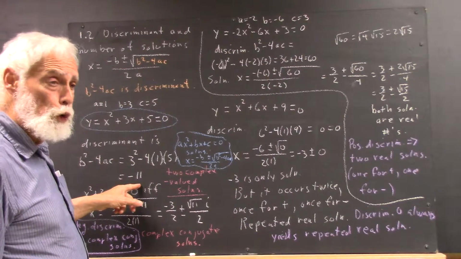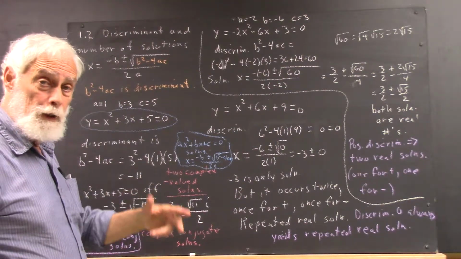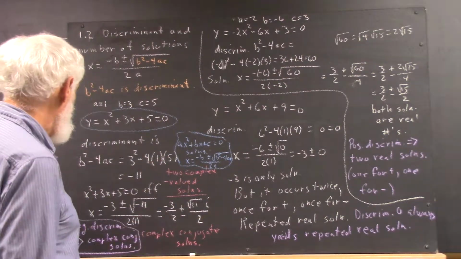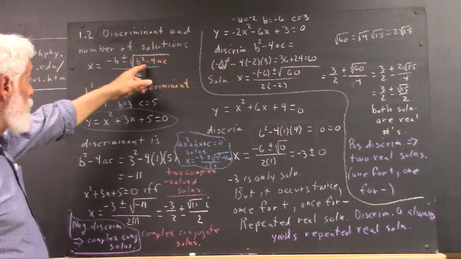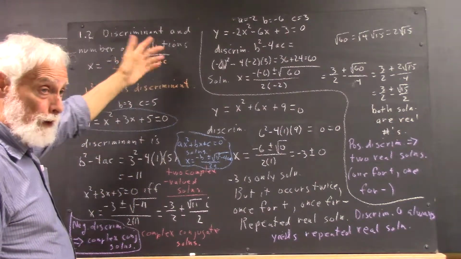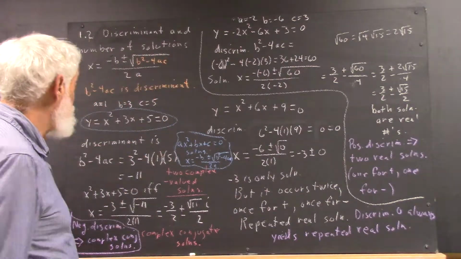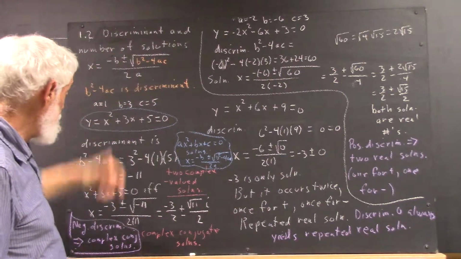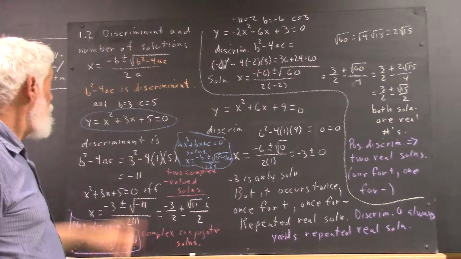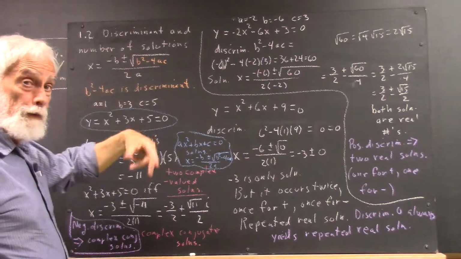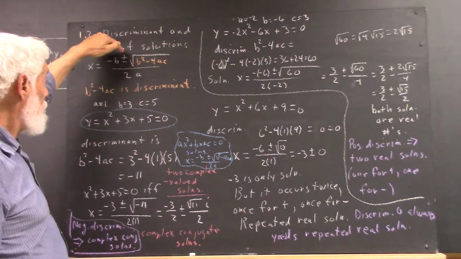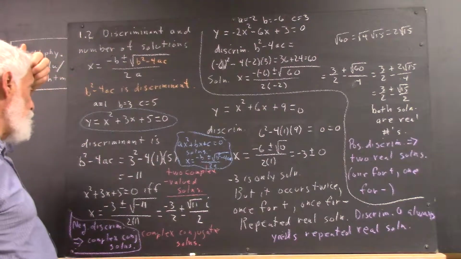And once we've mastered what the discriminant tells us, which is the first problem, we see that this means there are going to be two conjugate complex solutions, because the negative 11 is going to go in here. The square root of negative 11 is going to be square root of 11 times i, the imaginary number, and we're going to have plus or minus that. It's going to give us one complex number for the plus, another complex number for the minus.